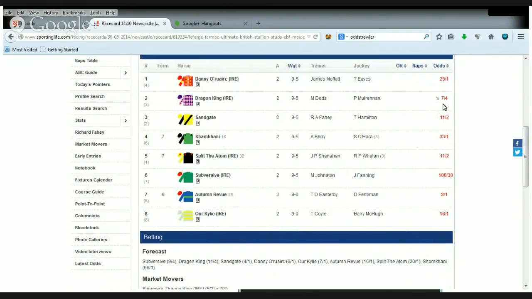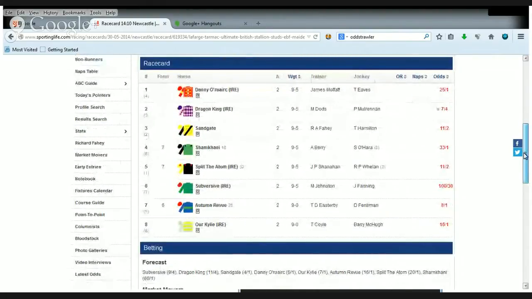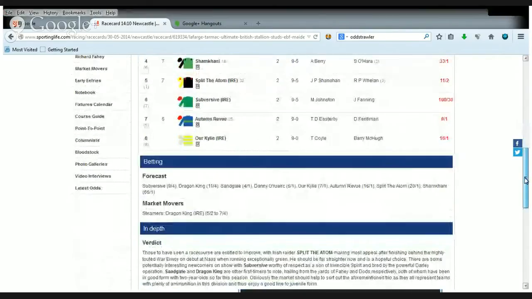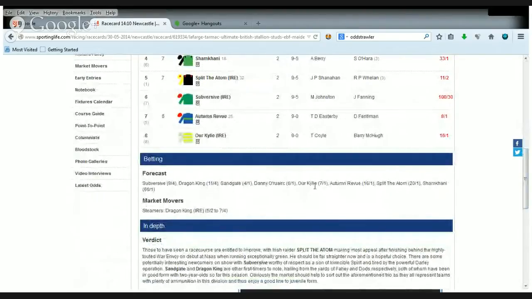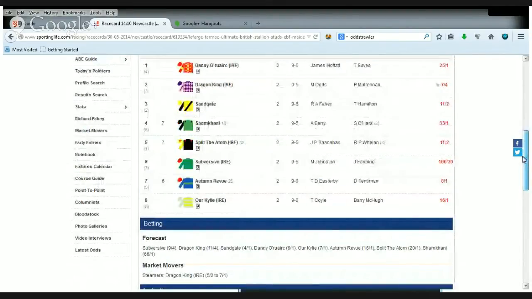I don't bet on 7 to 4s. I'm sorry, but it's not worth the amount going on. It could win, I mean, I've had days. The other part of the system is if we can't get a good selection, we could obviously go to Dragon King, we could go to Sandgate, and Danny, that one there, which is 25 to 1.